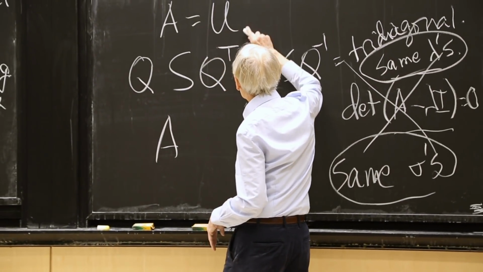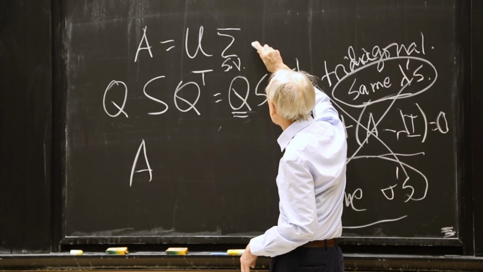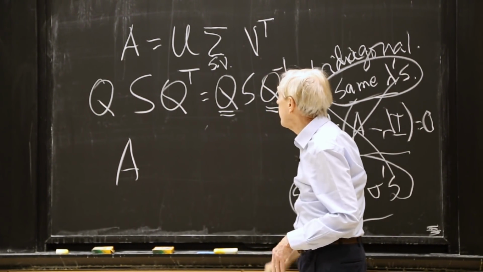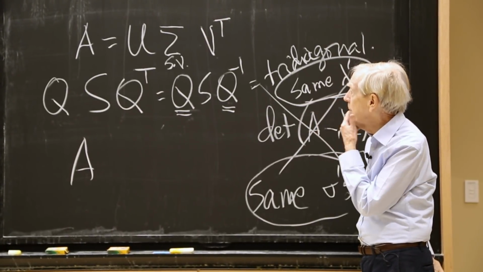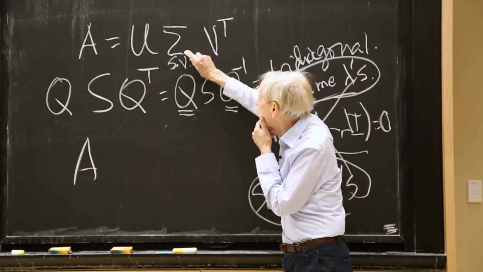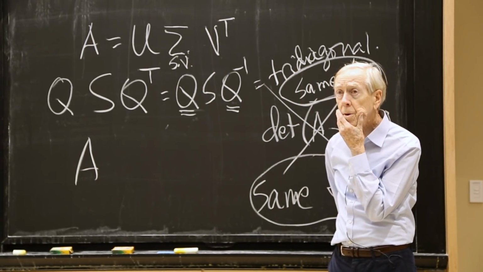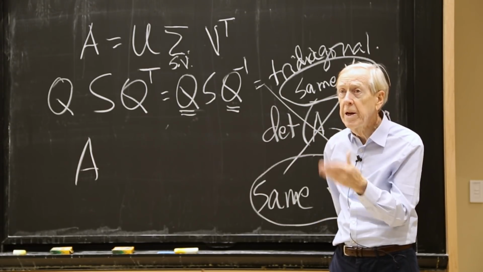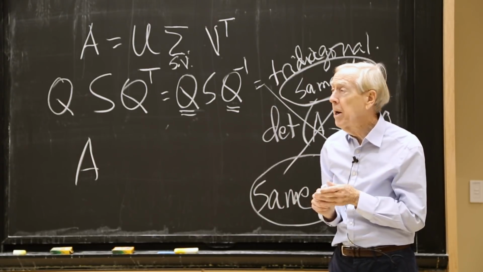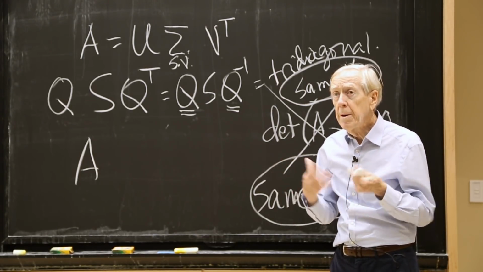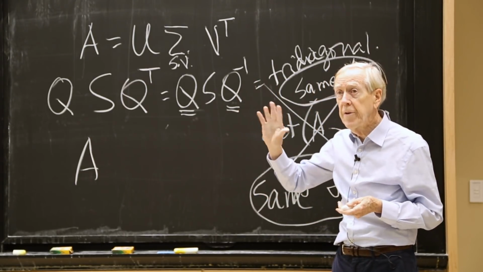I have some orthogonal matrix, then the singular value matrix, Sigma for singular values, and then another orthogonal matrix. What could I do to that equation that would not touch this guy? I'm asking what invariance, because not touching it means leaving it not varying. Under what operations are the singular values invariant?